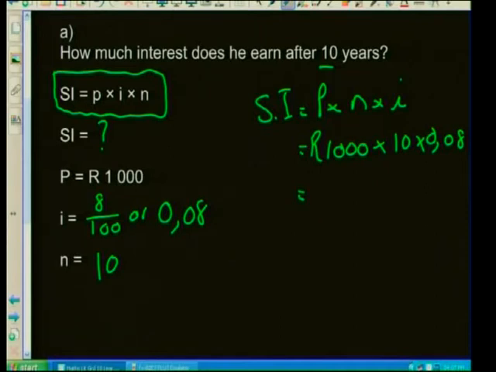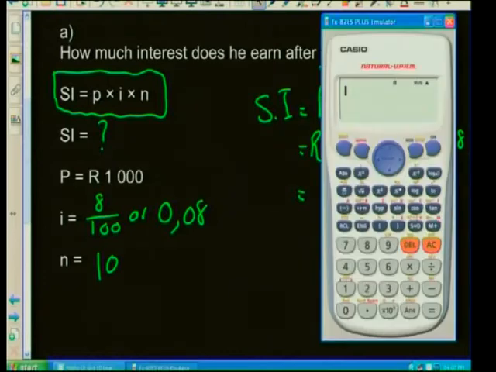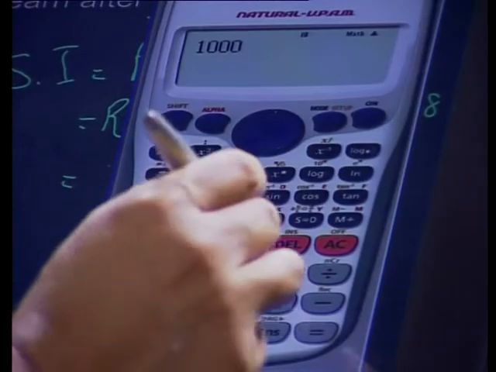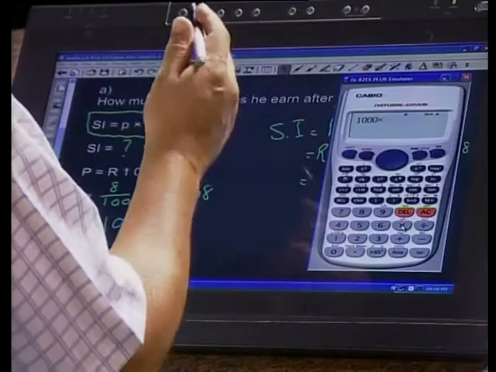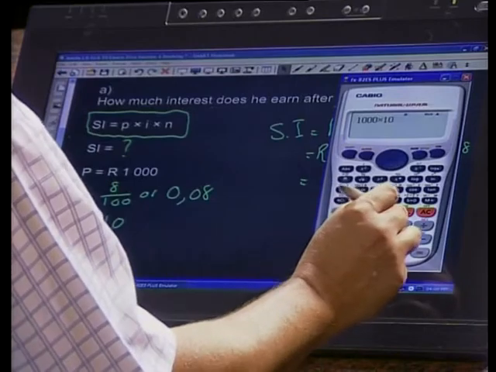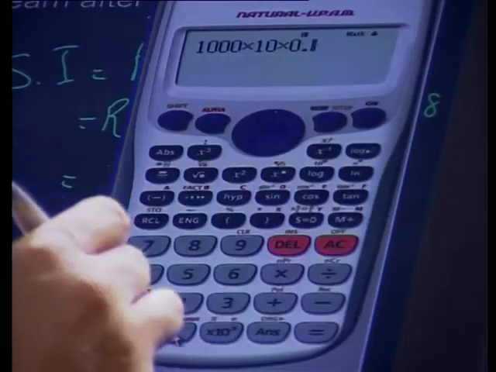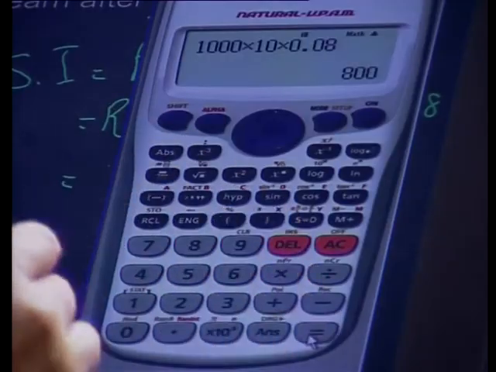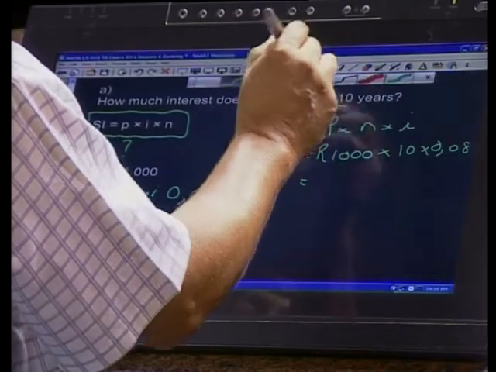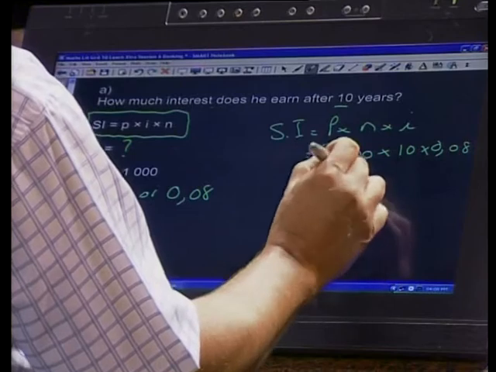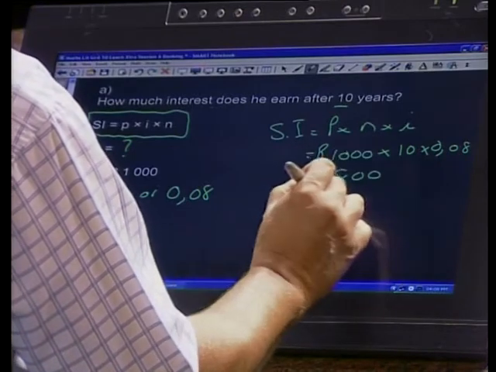So we zap up our calculator now, and we say, right, it's 1,000 multiplied by my number of years, which was 10, multiplied by my interest rate, 0.08, equals, and I get 800. So the interest I earn after that period of 10 years is 800 rand.